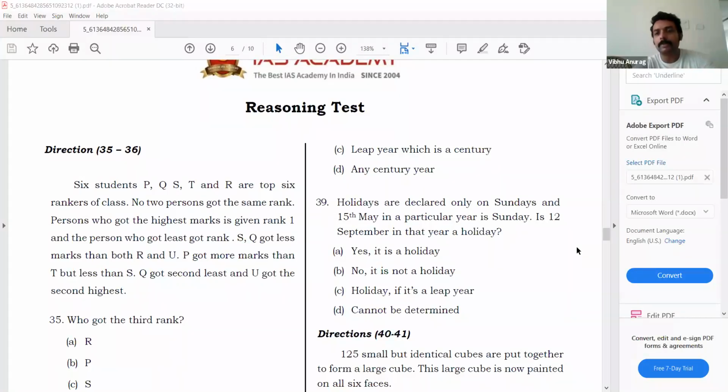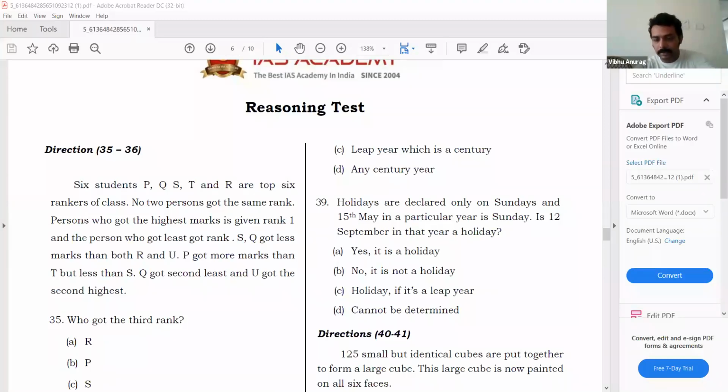So just count the number of days that are there. Start counting from 16th May. If you count from 16th May, then May has 31 days, right? So you have 16 days in May, plus 30 days in June, plus 31 days in July, plus 31 days in August, plus 12 days in September.